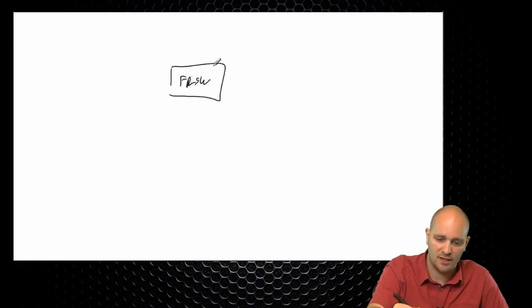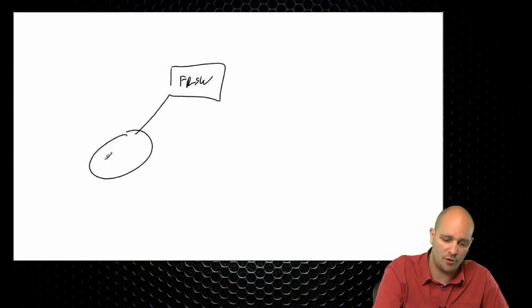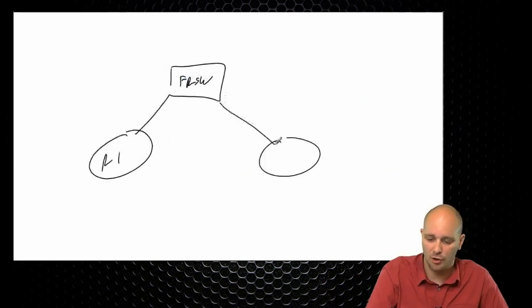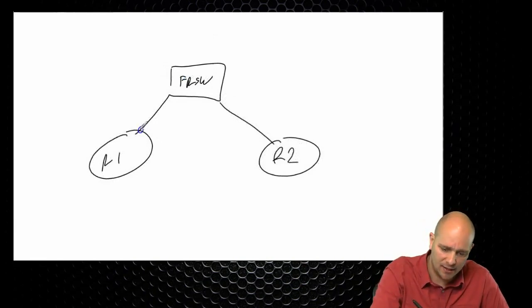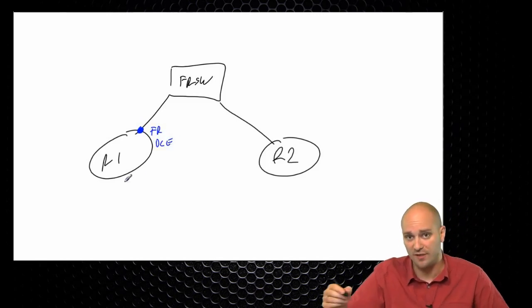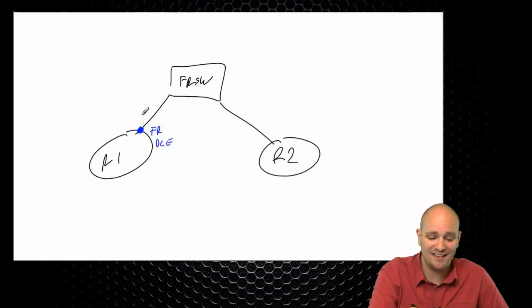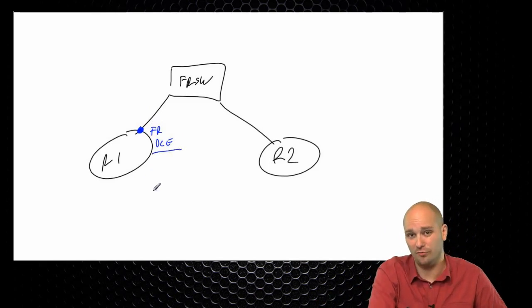So let's say here that you had a frame relay switch. So this is a frame relay switch, and you have router R1 and you have router R2. Now, if you have mistakenly configured this interface here as the frame relay DCE using the frame relay interface-type dce command, in that case, you would actually have to turn off the keepalives.